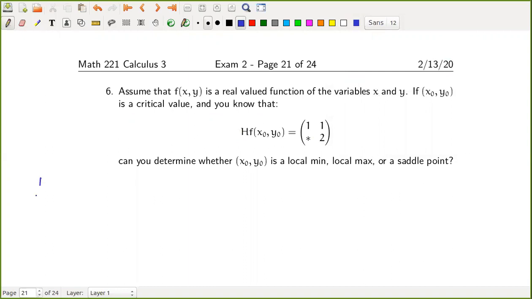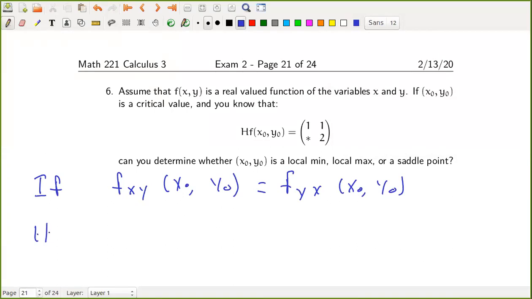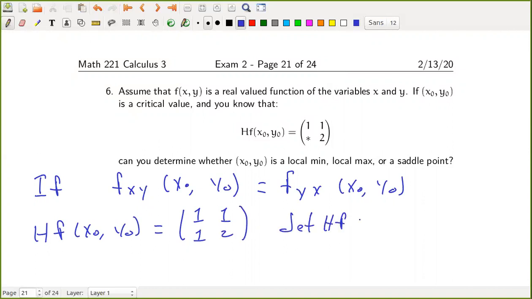But if f satisfies Clairaut's theorem, in other words, if fxy of (x0, y0) is equal to fyx of (x0, y0), then we know that the Hessian evaluated at (x0, y0) is equal to [1, 1; 1, 2], and the determinant of the Hessian evaluated at (x0, y0) is equal to 1 times 2 minus 1. So this is 1, which is greater than 0.